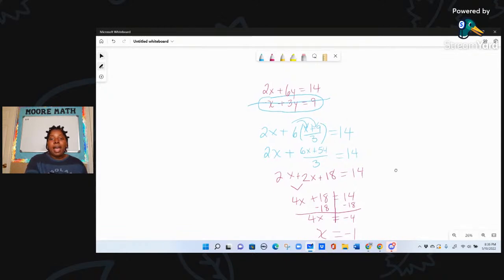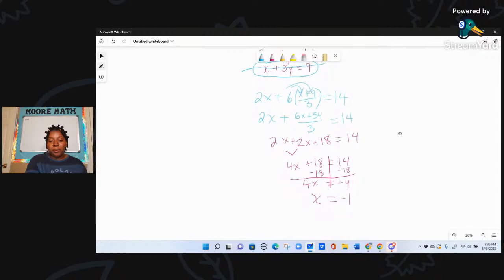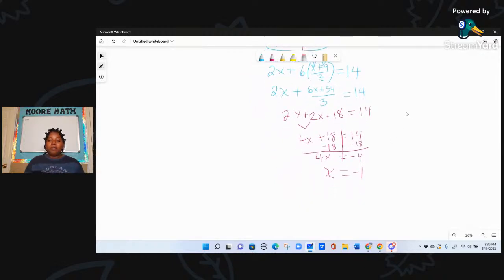So I have to go back to when we solved for y, where we said y equals x plus 9 divided by 3. We'll now put it back in there: -1 plus 9 divided by 3, or 8 divided by 3.